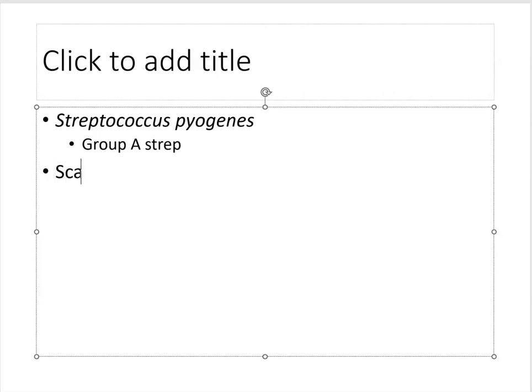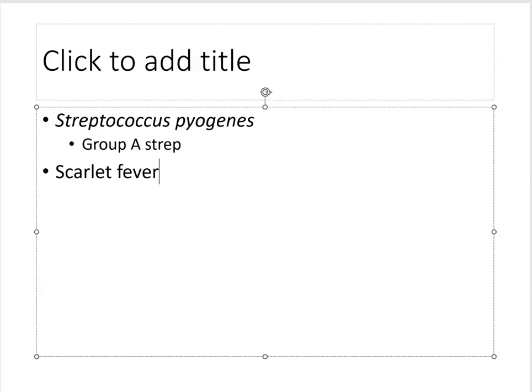One of them is scarlet fever, which is a deadly, often, or it used to be very deadly childhood disease people would get after getting streptococcal pharyngitis.